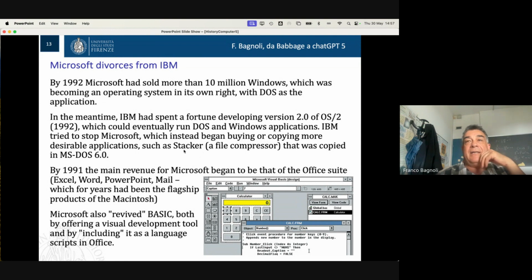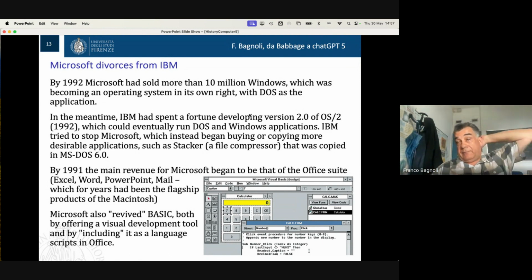The other thing Microsoft started to do was to buy or copy successful software. For instance, at a certain point, things like Stacker appeared, which compressed files. Hard disks were extremely expensive at that time, and a lot of space was consumed by files in a very inefficient way. So Stacker was an application that transparently compressed files on the disk and decompressed them when used, so that apparently you had a much larger file system.